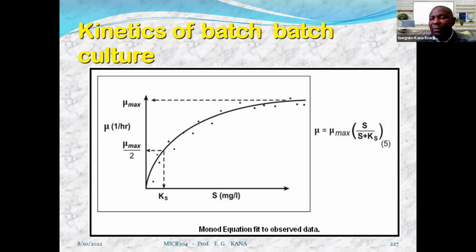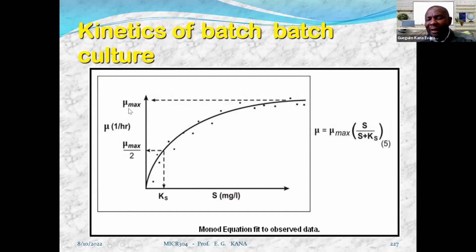And Ks value is the Monod constant. The Monod constant will provide very good information for us in subsequent slides. It will help us to understand the affinity of the cell to the substrate. It will help us to know if the microbes we have love the substrate or they don't love it. That's what we're going to find out. That is, we already have two nice pieces of information from that experiment.